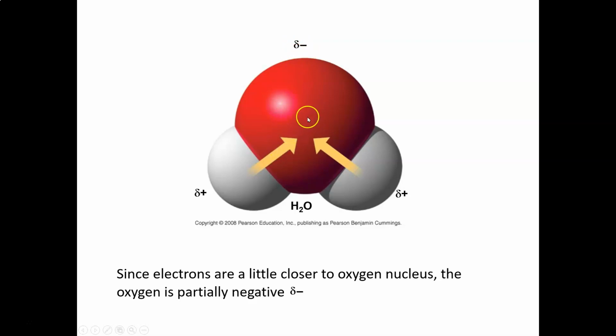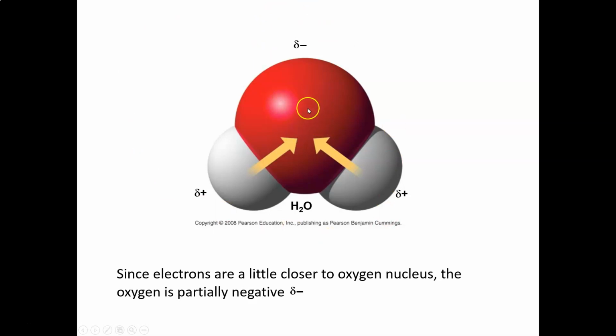So this is our central oxygen and the 2 hydrogens. So the red larger ball is the oxygen. And it's got a little negative because remember we said that it's more electronegative and it's going to hold on to more of its share of electrons. And since electrons have a negative charge, that means overall the oxygen is going to have a slightly negative charge. The whole molecule is neutral, right?